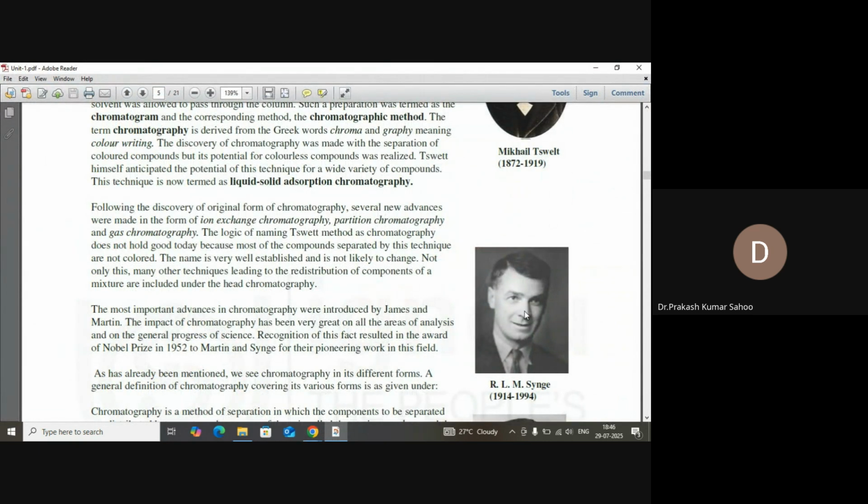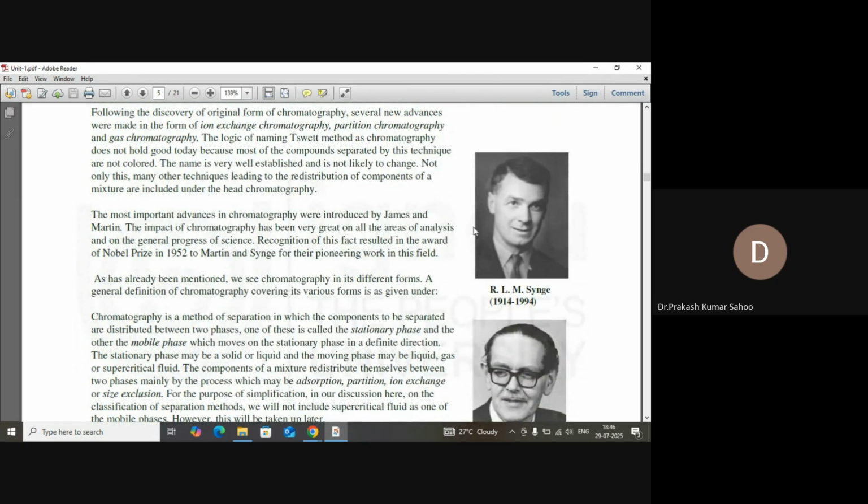So then simultaneously or parallelly, we will move to your PDF also. Then we have Nobel Prize winners in 1952, that is Martin and Synge.